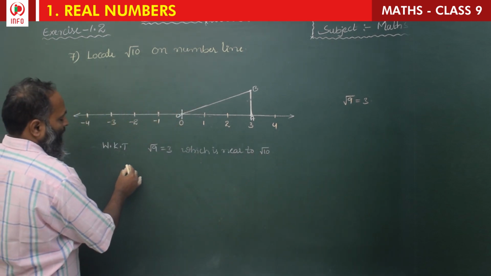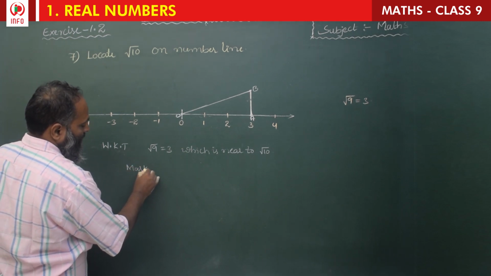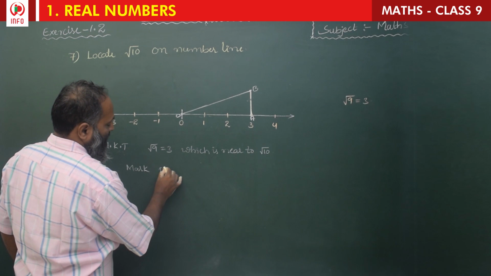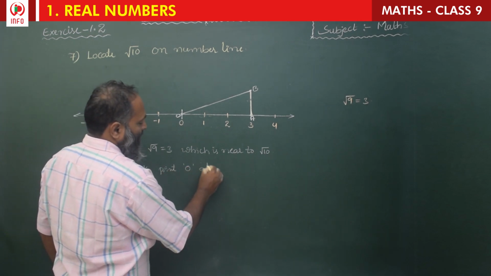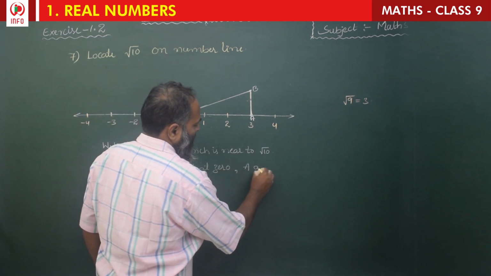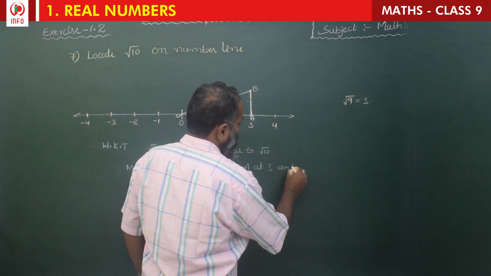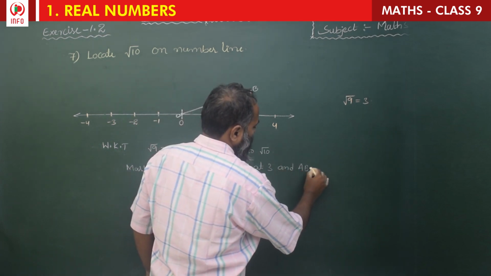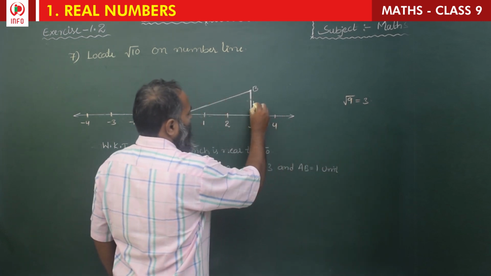So mark points: O at 0, A at 3, and AB length is 1 unit, that is 1 centimeter. Here it is 1 unit.